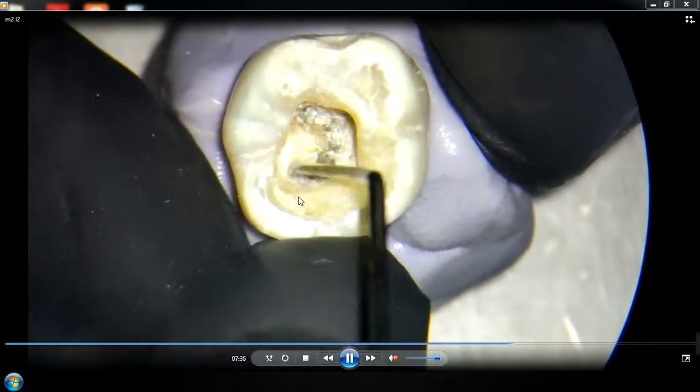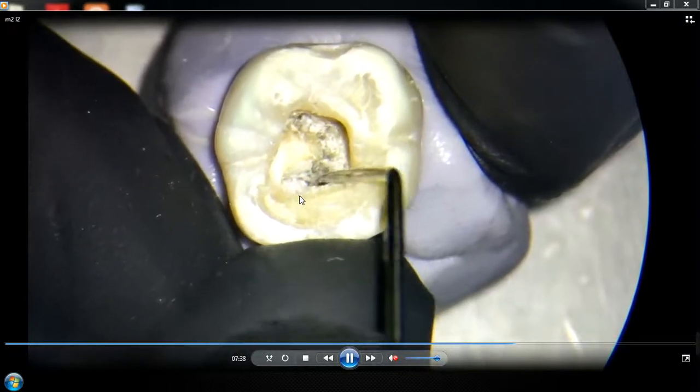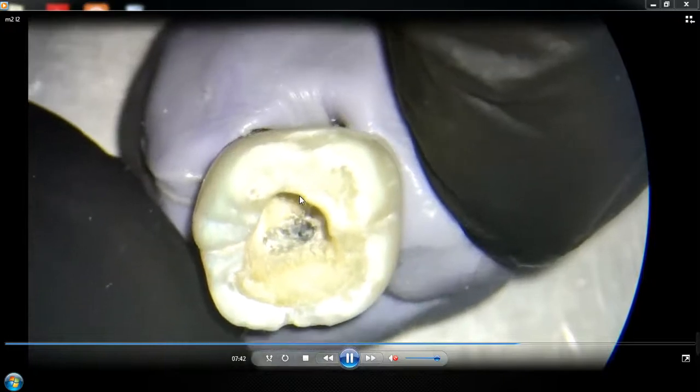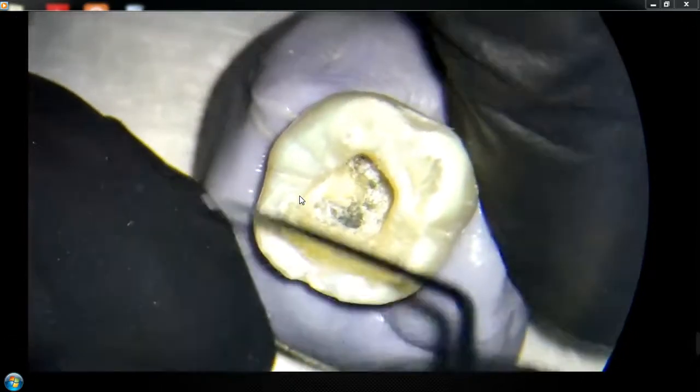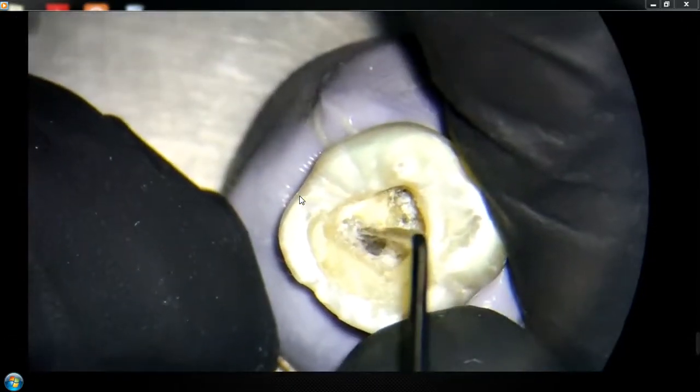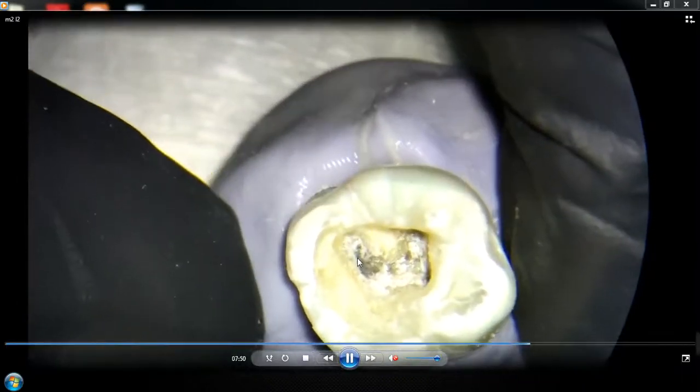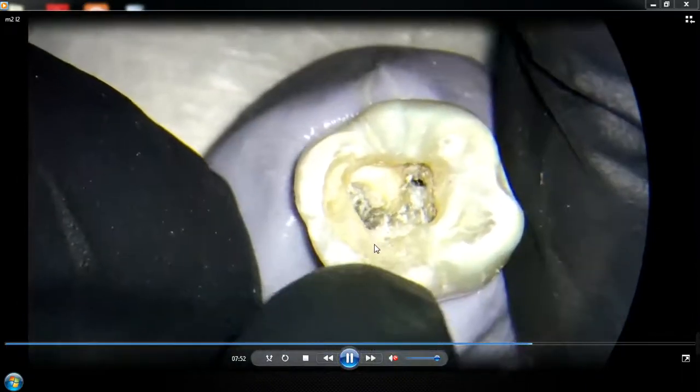I'll try to remove this tooth and show you why I thought there would be another canal. Because if you see, there is a crescent formation there and the darker area of the pulpal floor is available. So you can have a look at it. I am just trying to remove the tooth from this jig and we'll be able to see it.